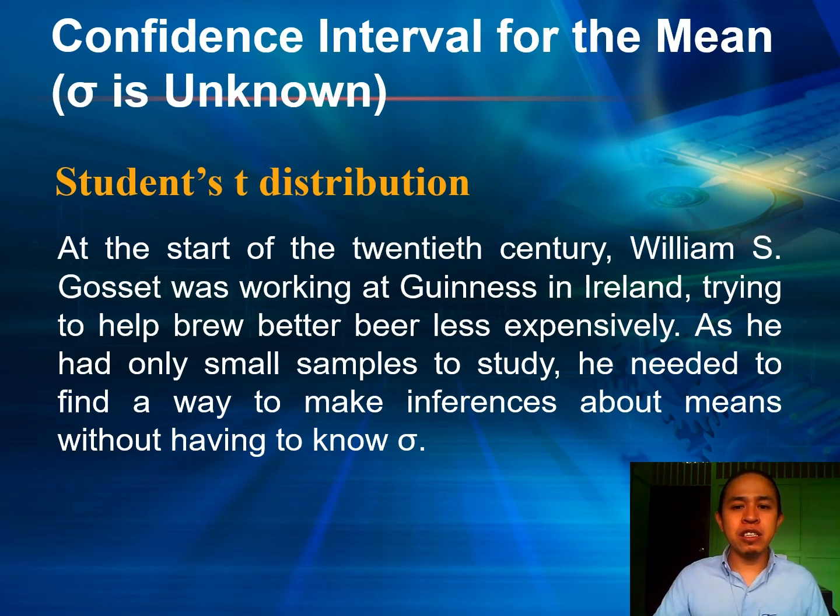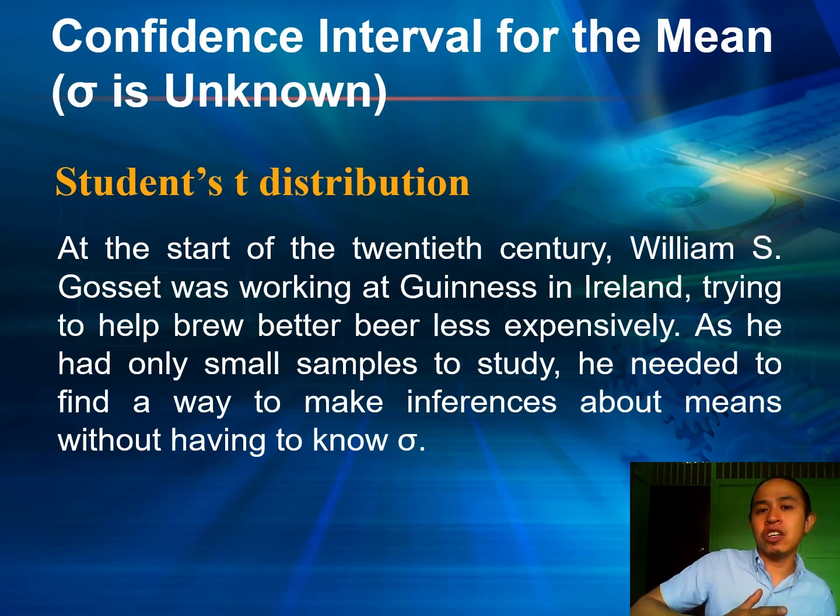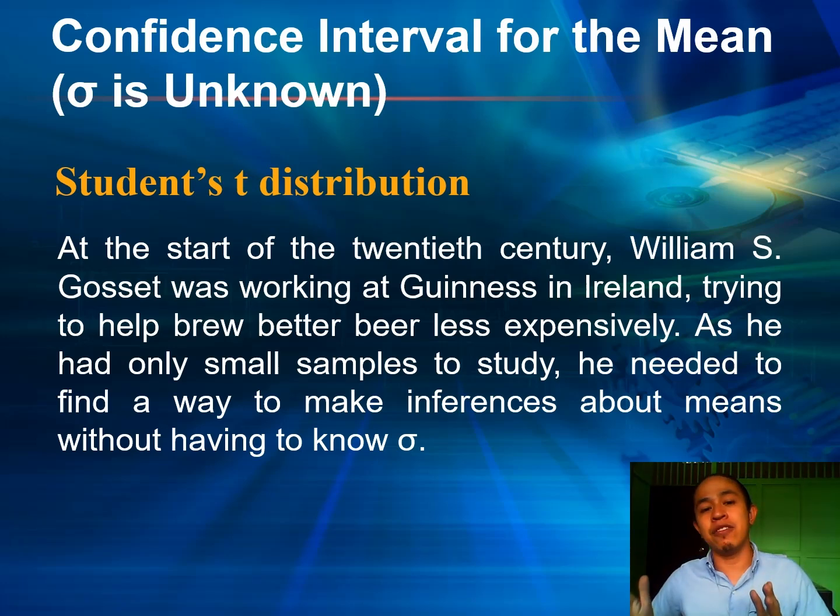Now, confidence interval for the mean where the standard deviation is unknown. I told you at the start of this video, we have two cases. In the preparation of a confidence interval for the mean, we have different ways depending on whether the standard deviation is known, like earlier, or unknown.